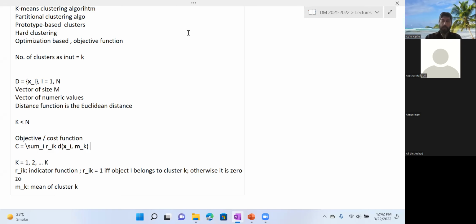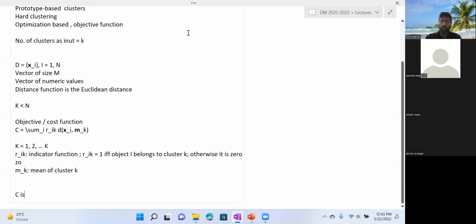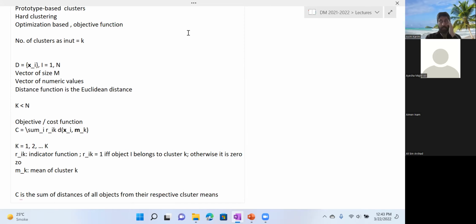Okay? So in layman terms, the cost function C is the sum of distances of all objects from their respective cluster means. Okay? So this is what C is. So this is the objective function that we are minimizing. So this is the clustering criterion.